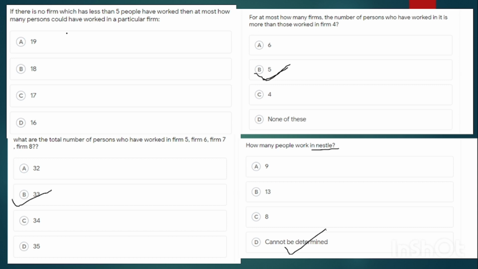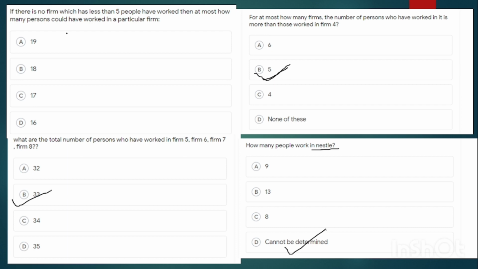Now, if there is no firm in which less than 5 persons have worked, then at most how many persons could have worked in a particular firm? Now see, this is a total set which is actually based on the language, on how this has to be taken into consideration.